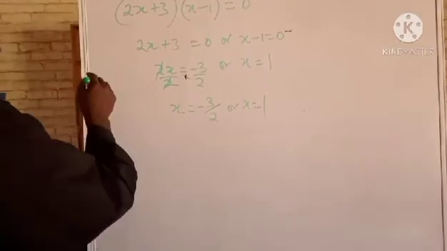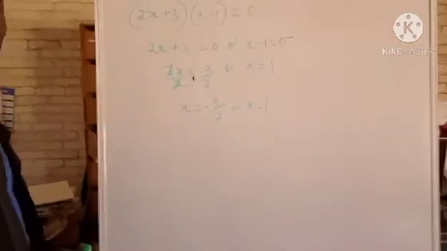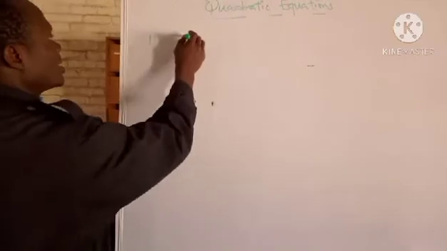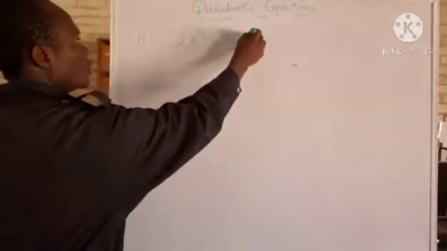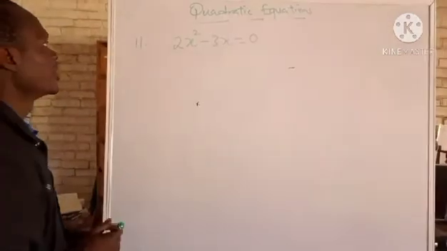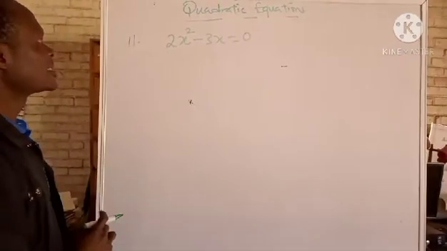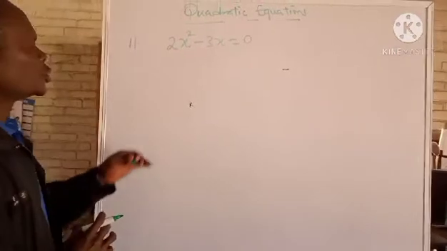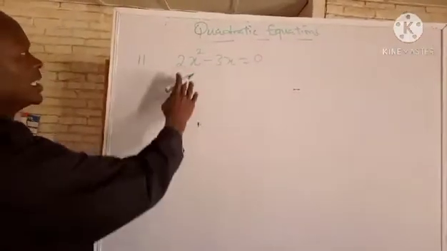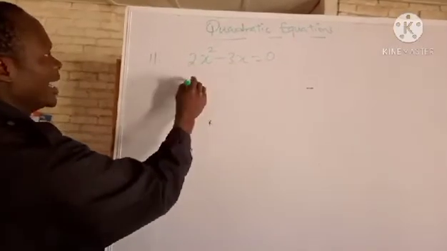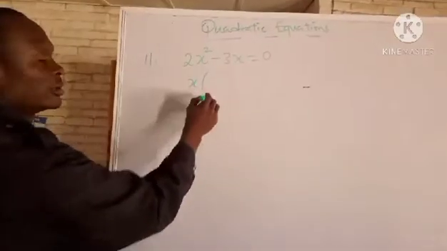Let us take the second example. It says 2x squared minus 3x equal to 0. To solve a problem like this, the first step we need to do is to factorize the expression. In this, what do we have in common? x is common.